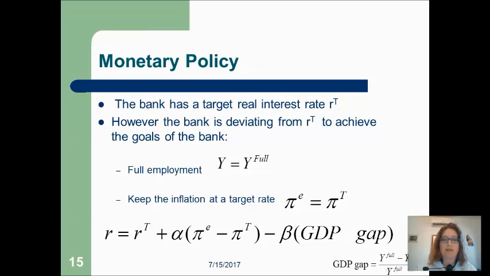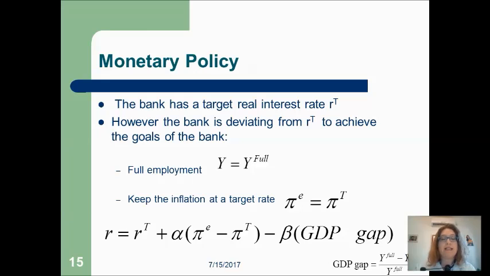It's a very important rule, which is why I force you to study it by heart. Basically here it goes. The real interest rate is equal to what? To the target real interest rate, which is what the central bank aims to get, plus alpha times the difference between the expected inflation and the target inflation.